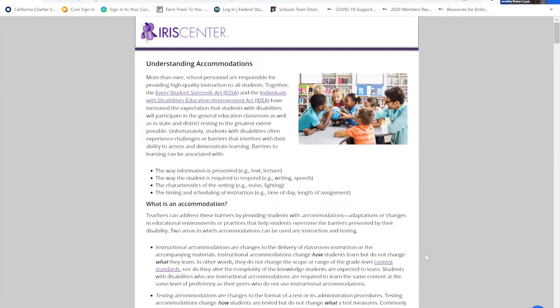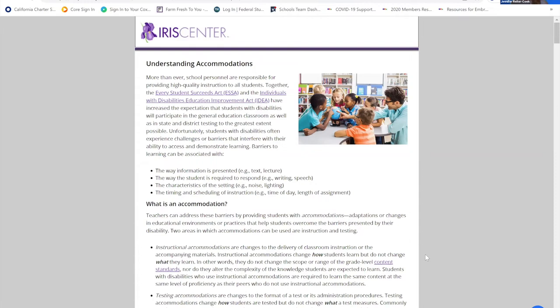And I also think it's really important for student teachers to understand that accommodations are not modifications, that you're not changing the content or the expectations. You're changing the way in which they interact with that content. And so this document, I don't know if any of you have utilized the Iris Center, but man, this is an amazing resource.